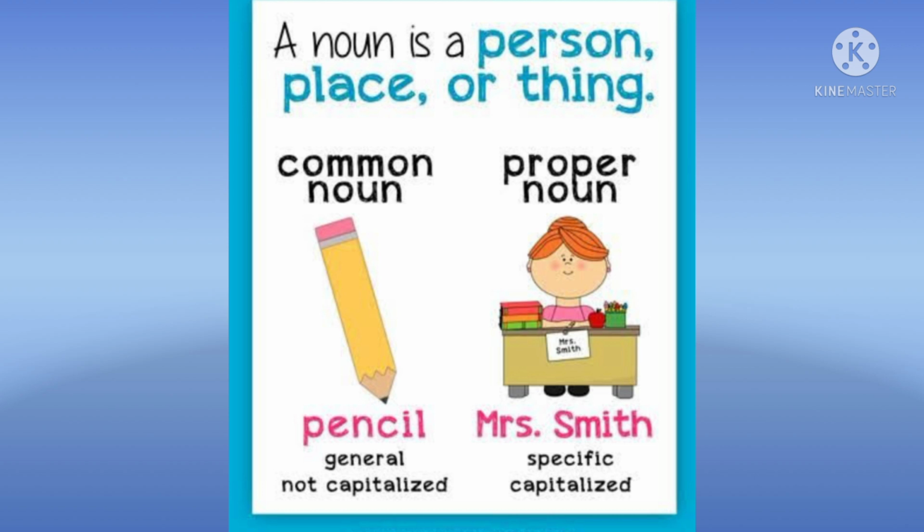If I say simply pencil without referring to its brand name, that is a common noun. Also, if I say woman, that's a common noun, whereas Mrs. Smith is a proper noun. So, when it is referring to a particular person, thing, or object, that is called a proper noun, and if it refers commonly, then it is called a common noun. Is it clear now?